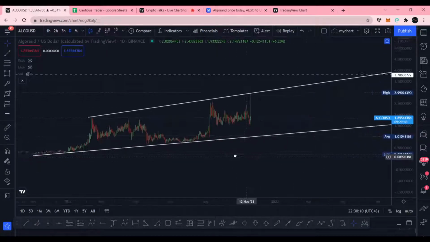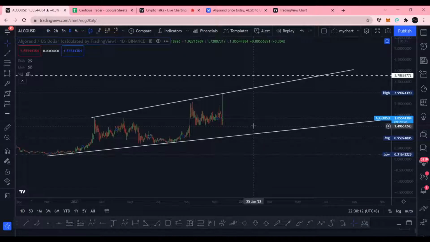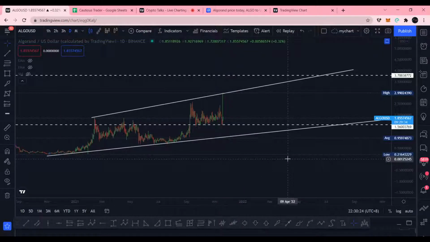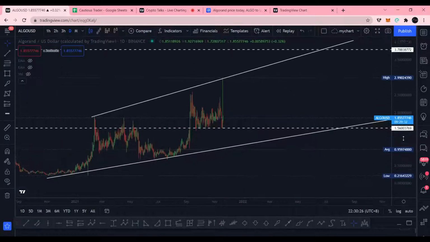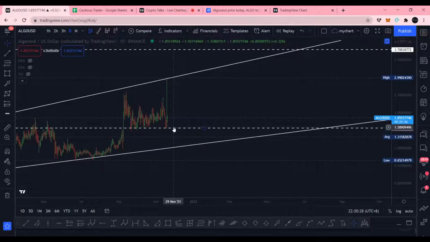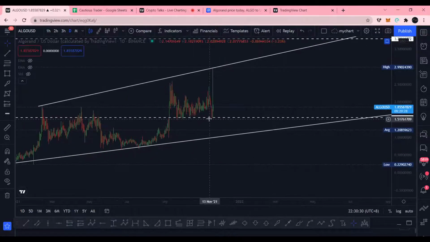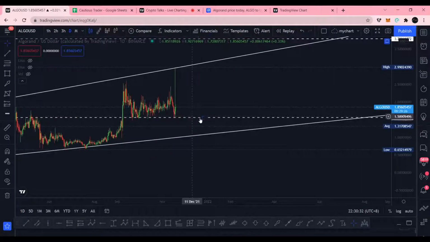And then we'll also use another horizontal line here. So Control H, I mean Alt H, sorry. Alt H as a shortcut. So just point it on that area of support and then maybe we can just adjust it from there.